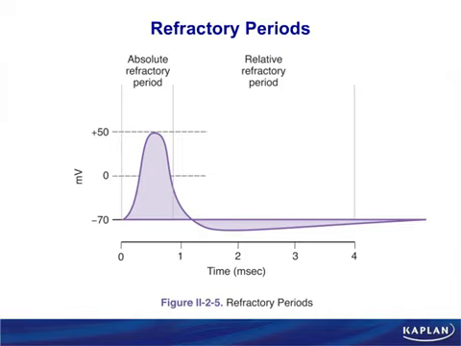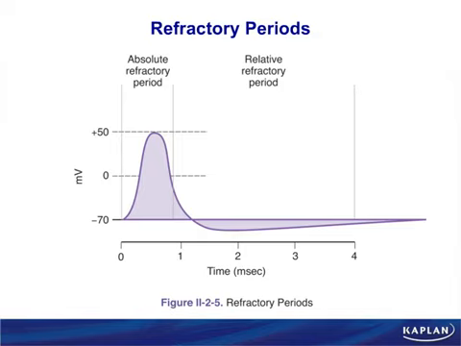That means the maximum rate I can get this nerve to fire is every 1 millisecond. So I could get 1,000 action potentials per second. That's the maximum frequency.